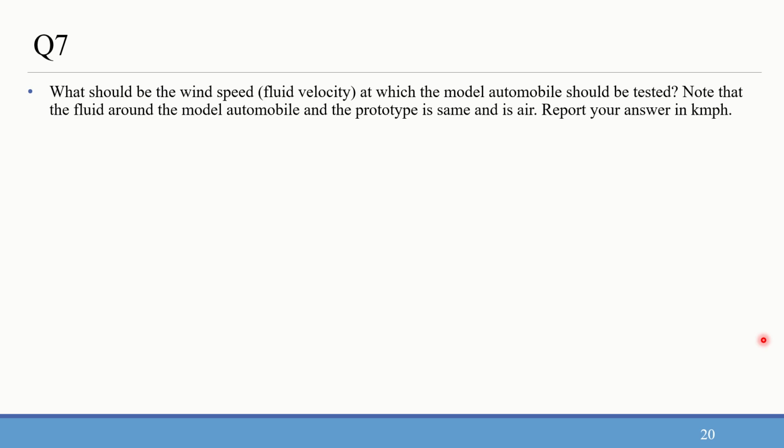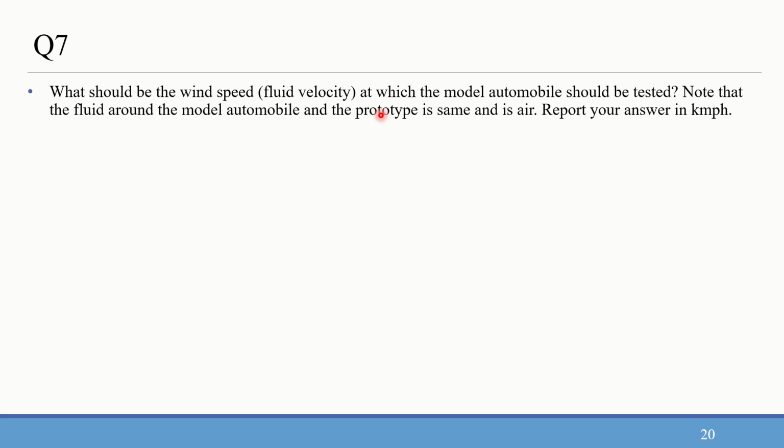Now let us go to question 7. In question 7, what should be the wind speed at which the model automobile should be tested? Note that the fluid around the automobile and the prototype is the same and is air. Report your answer in kilometer per hour.